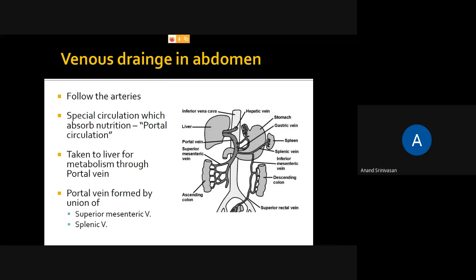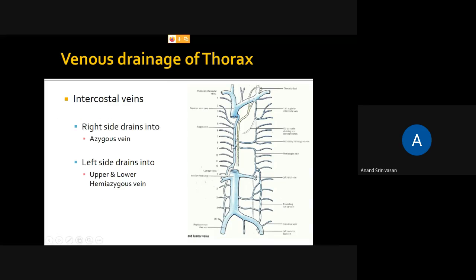In the abdomen, there is a special venous drainage, which is the portal circulation, mainly formed of the portal vein. This portal vein is formed by the union of the superior mesenteric vein and the splenic vein. In the thorax there are intercostal veins.